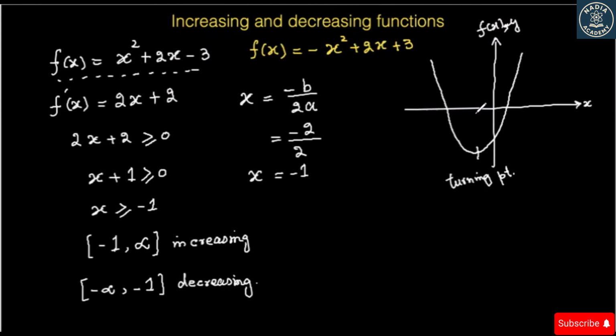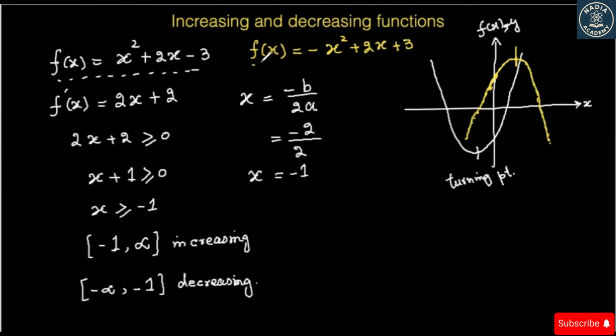This parabola will look something like this, meaning that we have flipped it and the y-intercept is a positive 3. In this condition, our parabola is an increasing function up to the turning point and a decreasing function above the turning point.